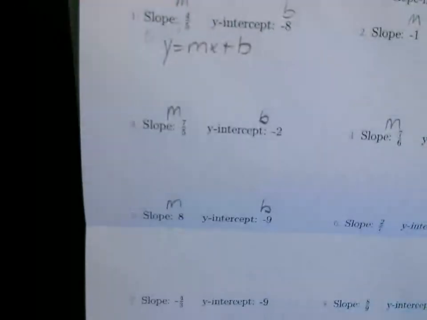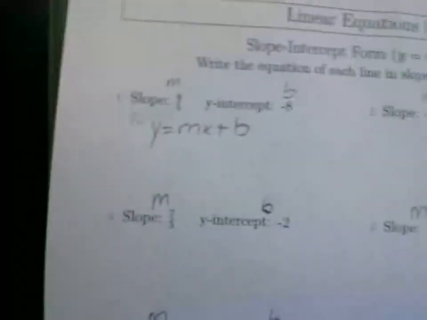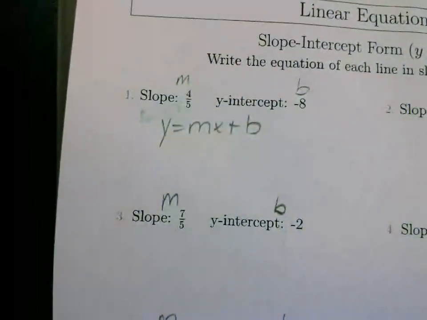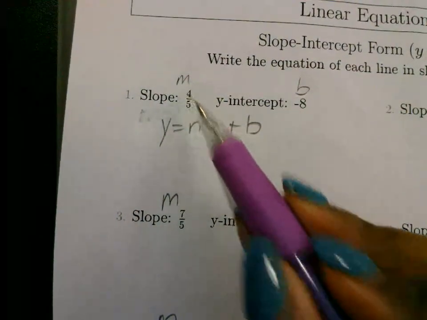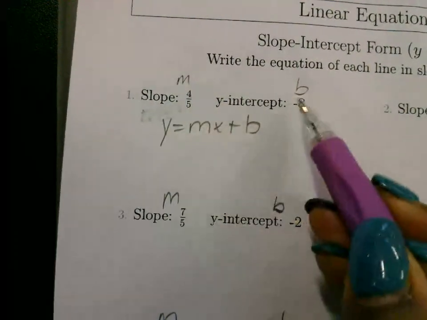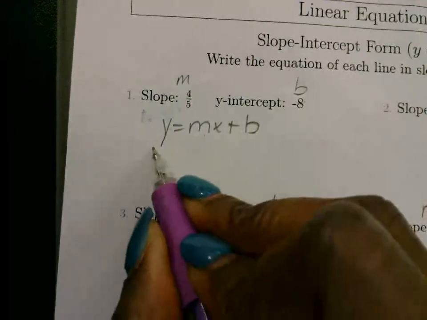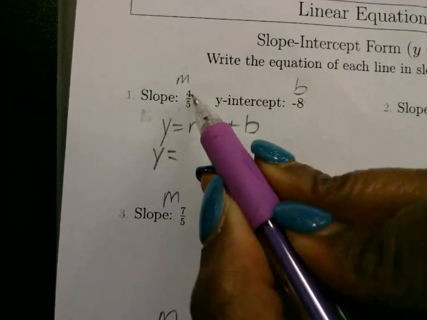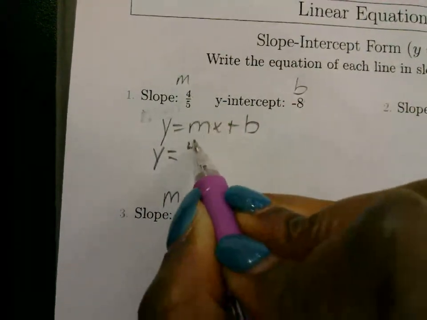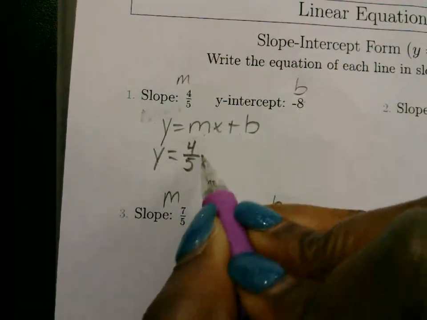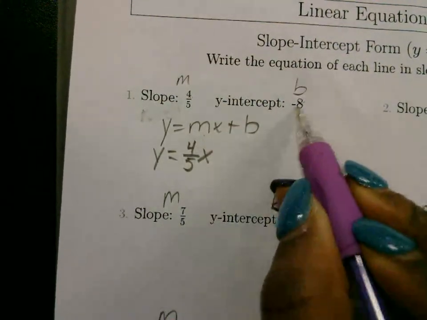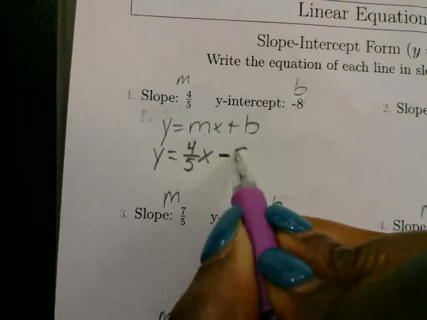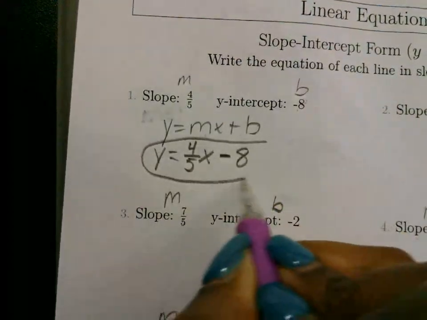All right, so now all we're doing is substituting the number for m here, and the number for b here. So this is going to be y is equal to, my m is 4 over 5, x, bring down the x, and my b is negative 8. So that's minus 8. This is my equation.